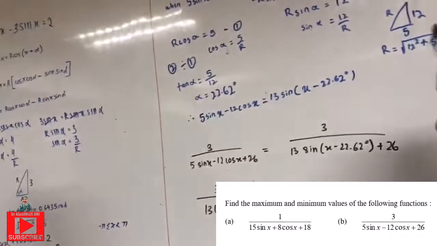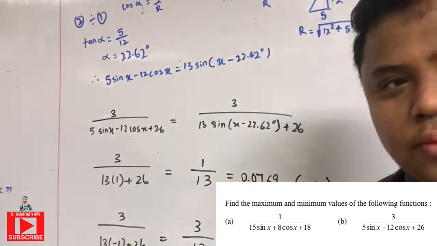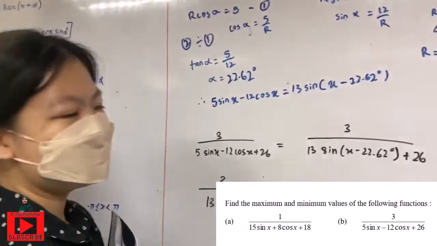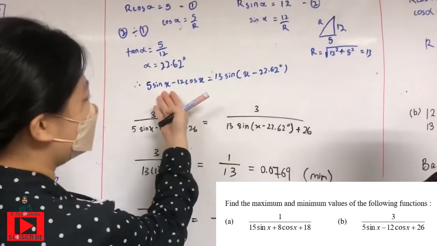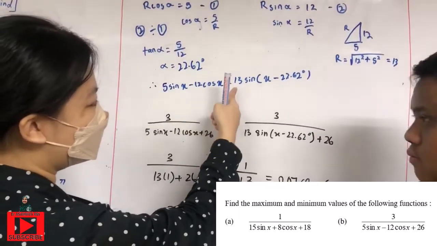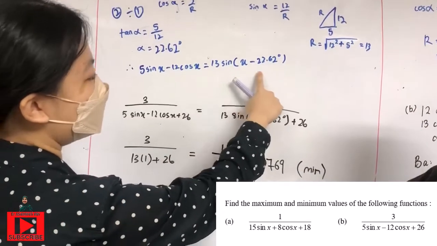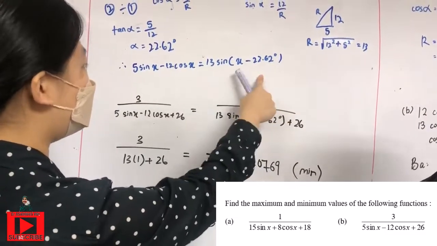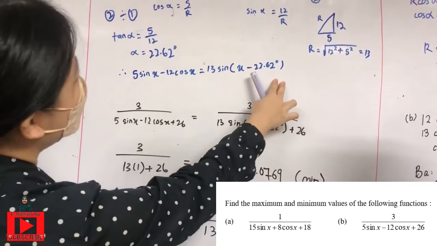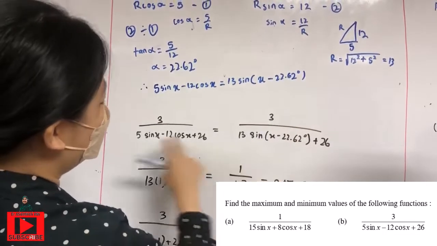To find the maximum and minimum, since we know that 5 sin X minus 12 cos X equals 13 sin(X minus 22.62), this R form, we can substitute it to replace this.